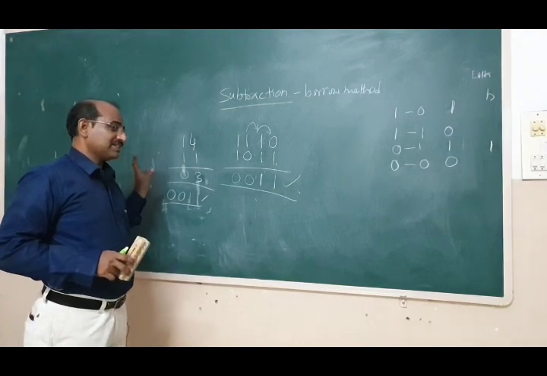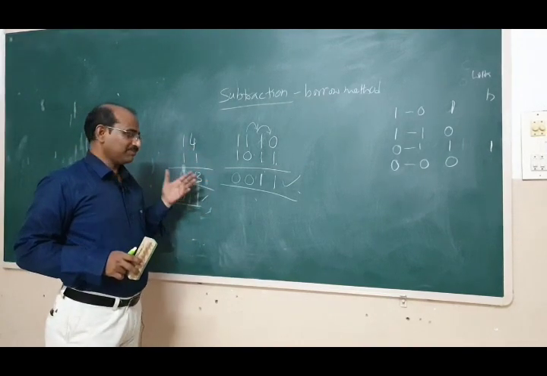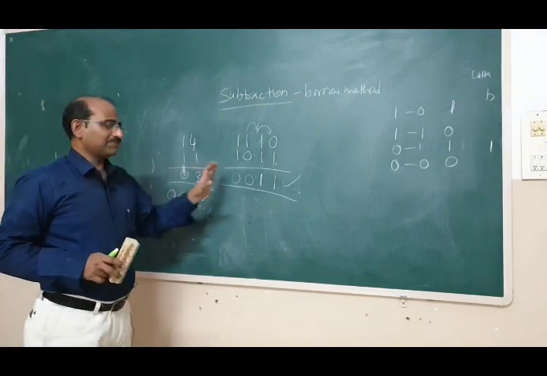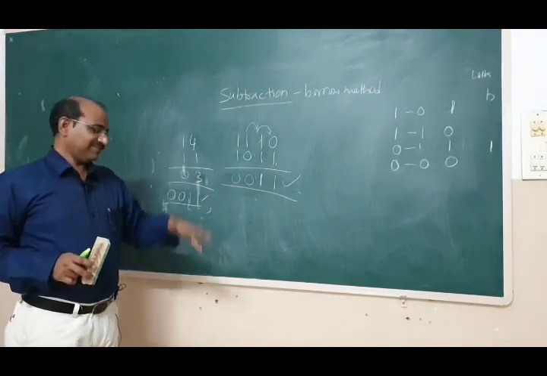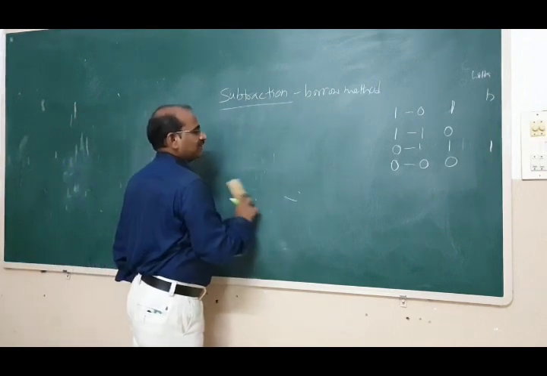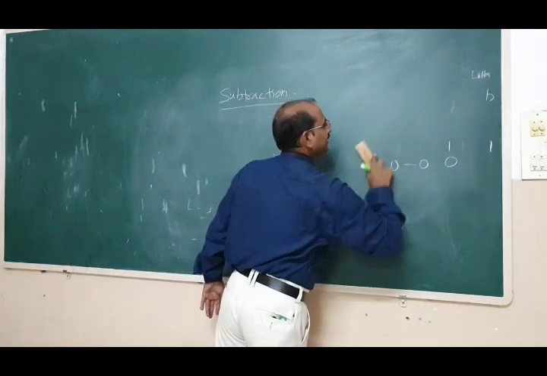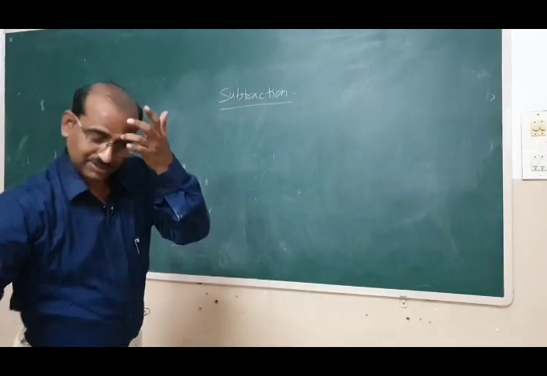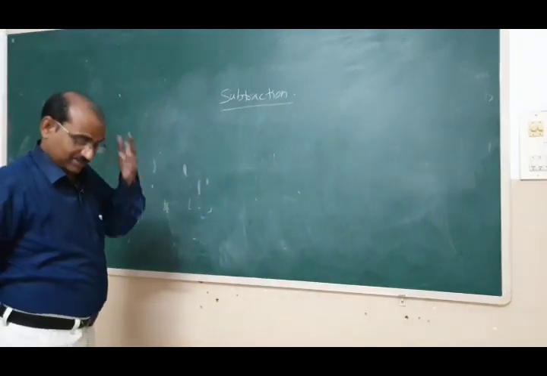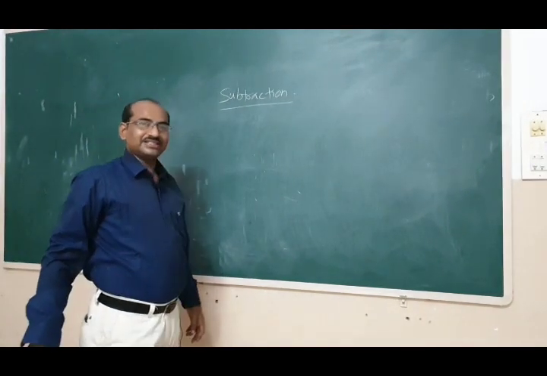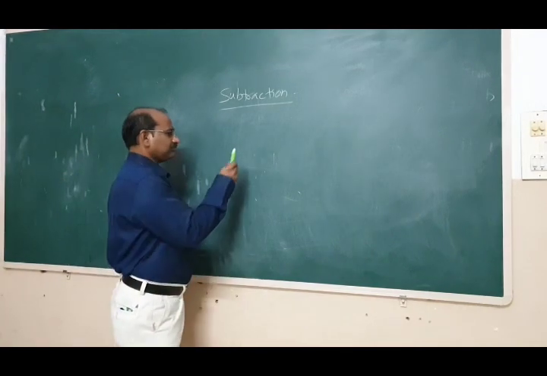So we will discuss with a decimal number. Right from the beginning I am using the same technique. We discuss with decimal number because you are very familiar with decimal numbers, you will understand the method and procedure. Then we will go for binary. So how do we do the complement method? Just we will see one small example, and the actual complement method we will discuss in the next class, right?